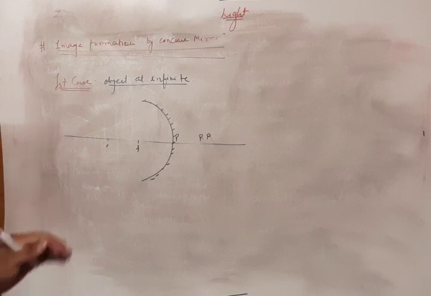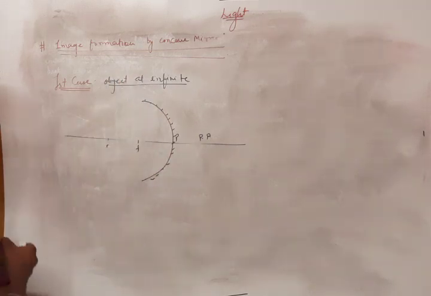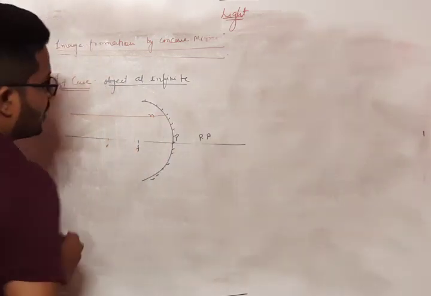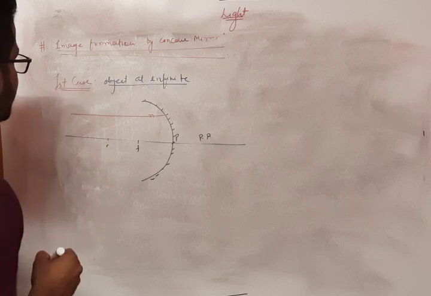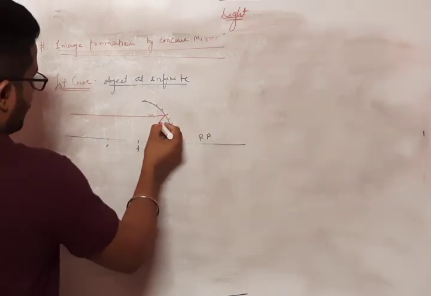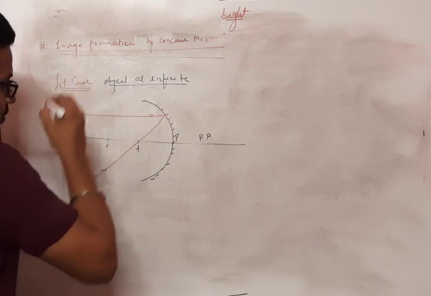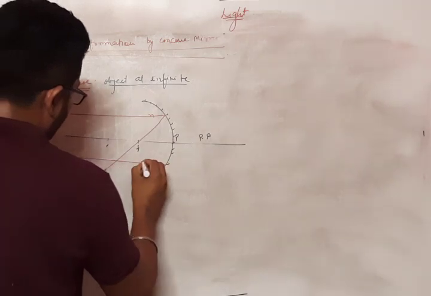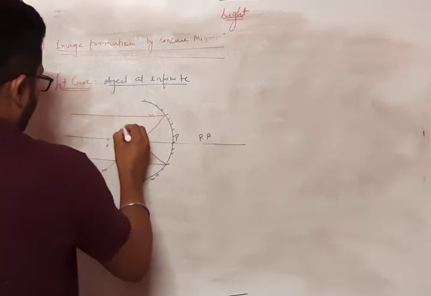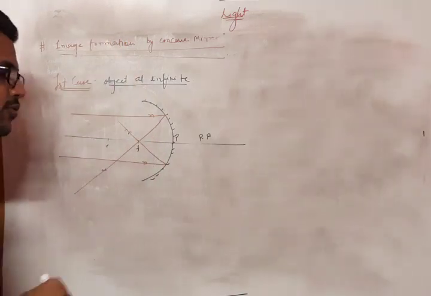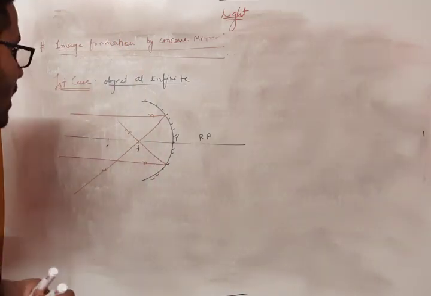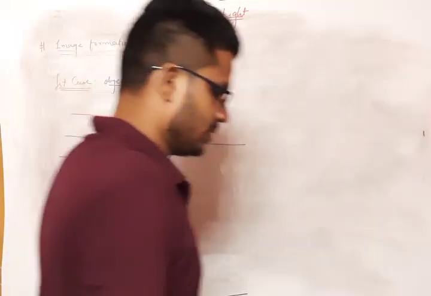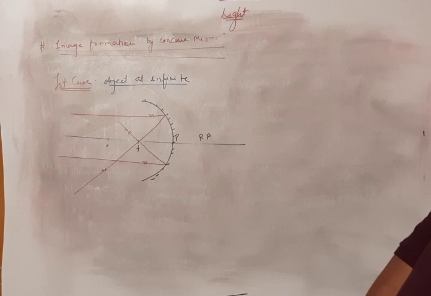So if the object is at infinity, the ray comes parallel to the principal axis and the ray will go through the focus. So if the object is at infinity, the image will form at the focus.